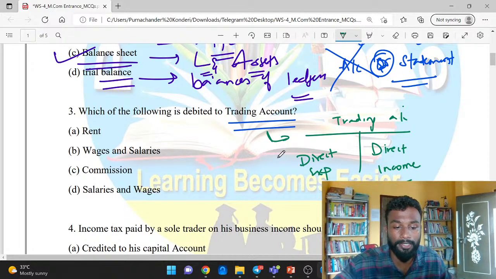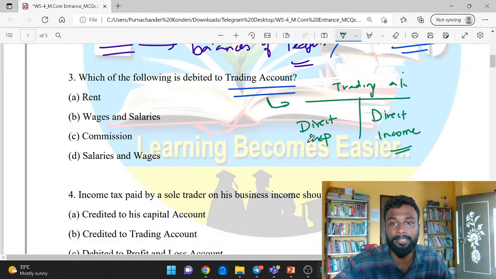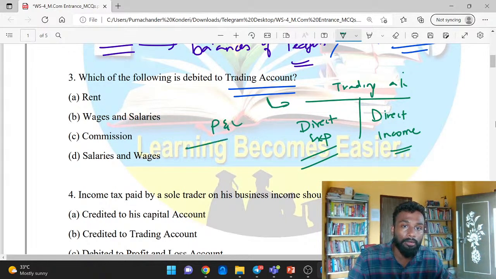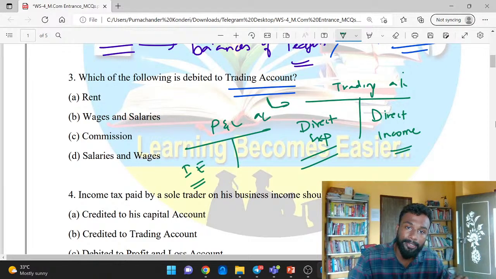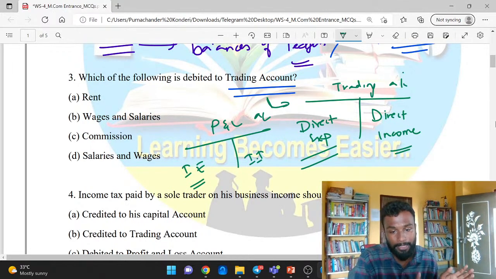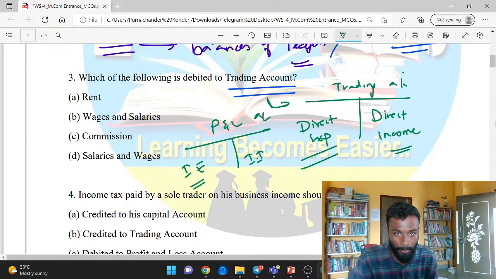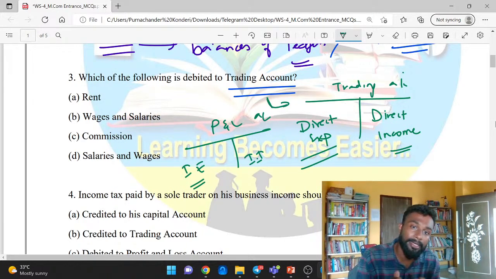Whereas in the profit and loss account, all the indirect expenses are debited and indirect incomes are credited. So in the trading account we debit direct expenses and credit direct income; in the profit and loss account we debit indirect expenses and credit indirect income.